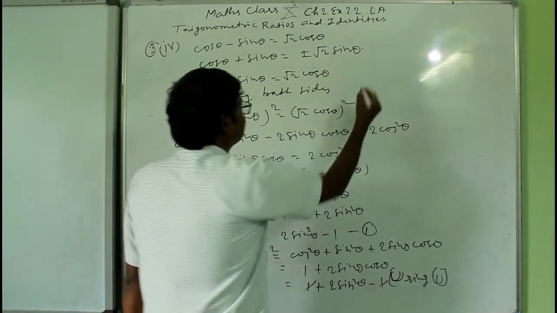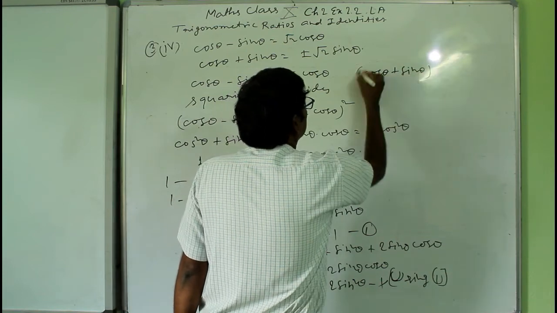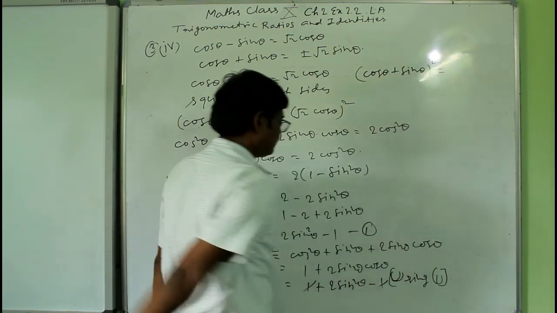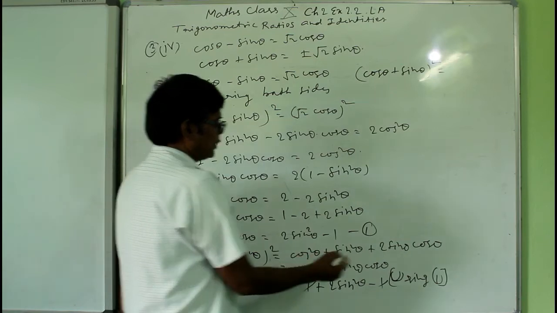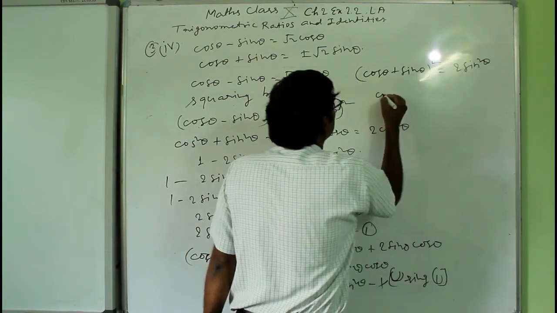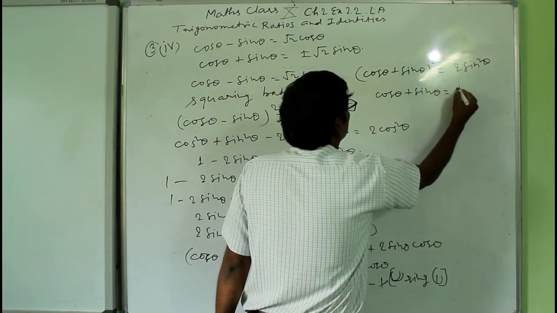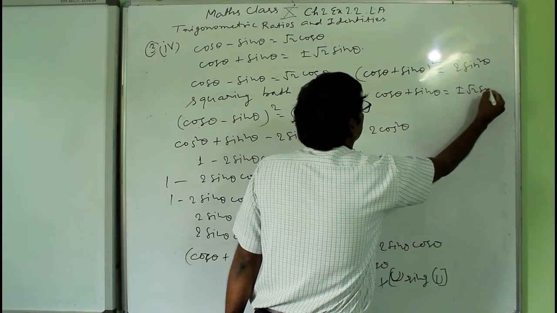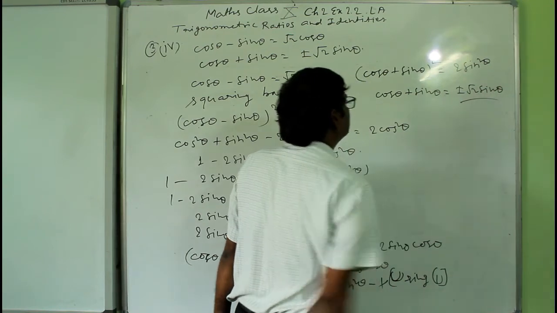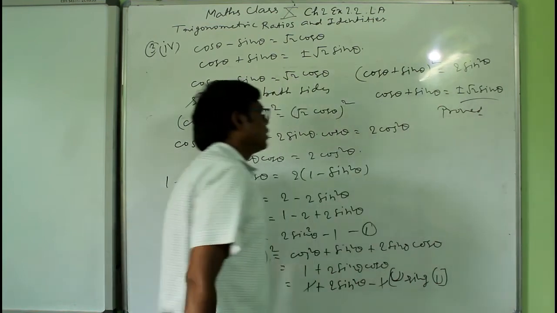Then you have cos theta plus sin theta whole square equal to 2 sin square theta, and therefore cos theta plus sin theta equal to plus minus root 2 sin theta. Okay, so this is proved here. So this is how you will prove it.